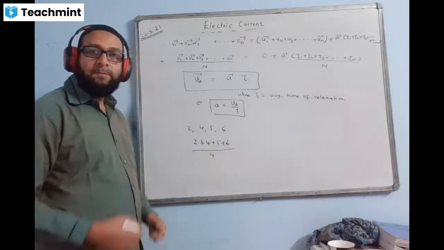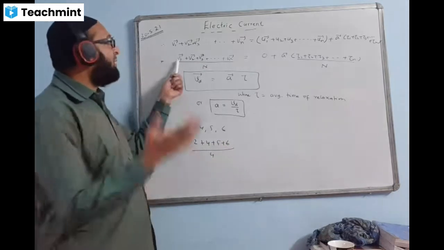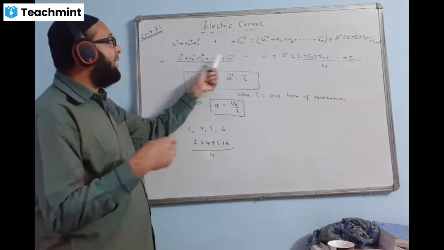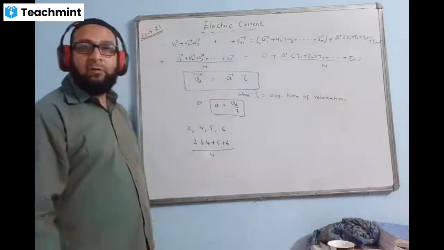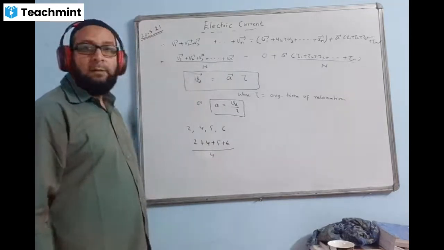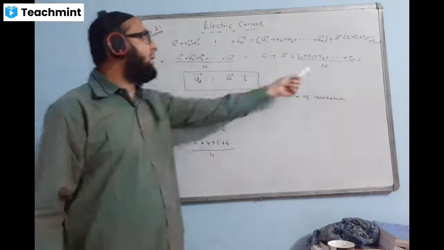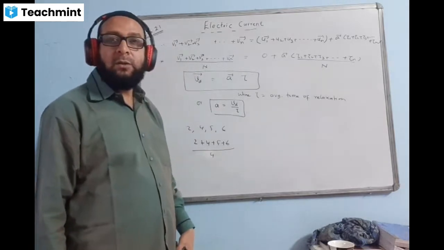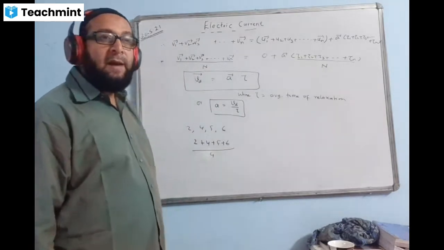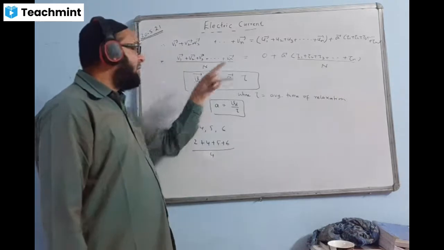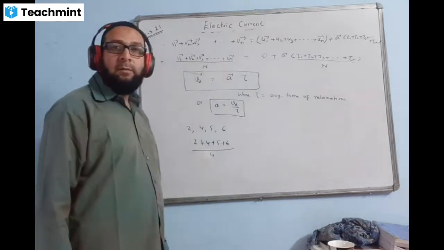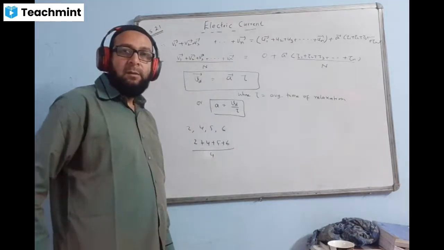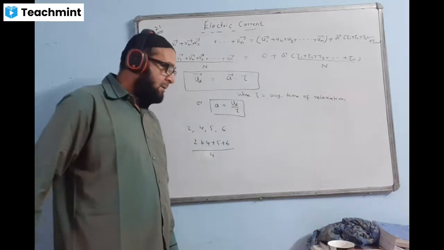Same way, the first velocity is V1, second is V2, V3, like there are n such velocities, n electrons are there. So divide by n. This will give the average. Understood? And the average velocity is what is called the drift velocity of the electron. This is from the definition.